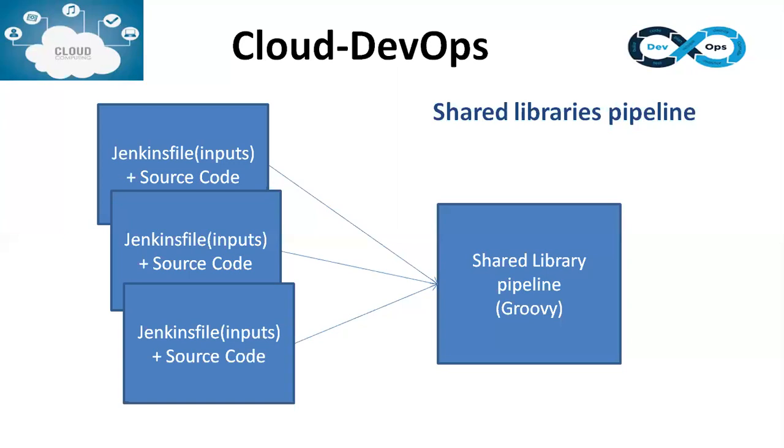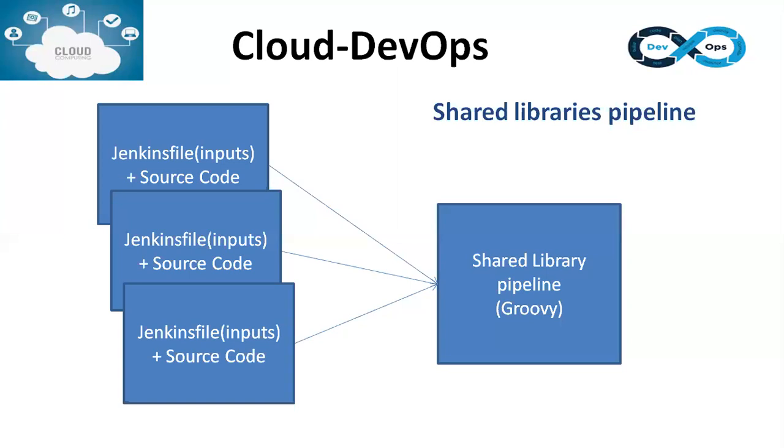The main benefit of the shared library is to make a centralized pipeline which can be utilized by any number of projects. Some people do it in a different way also.